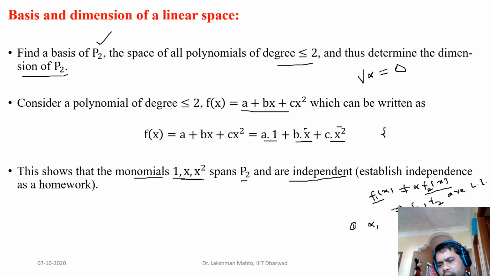The linear combination would be alpha 1 times 1 plus alpha 2 times x, treating these monomials as vectors, plus alpha 3 times x square equal to 0.